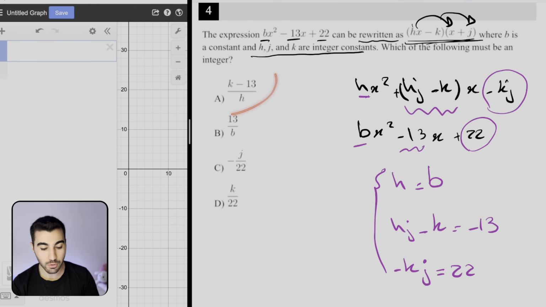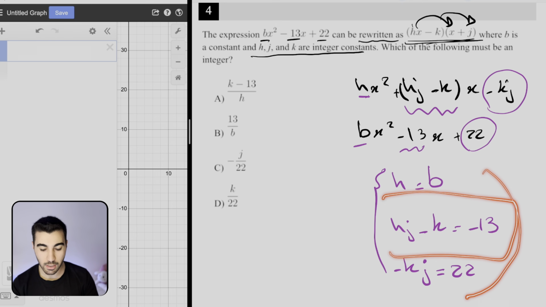So I'm going to check the choices to see if I can do anything with that, because it says h, j, k are integer constants, right? So k minus 13 over h. Can I make anything with these? Can I make k minus 13 using one of these equations? It looks like this, right?